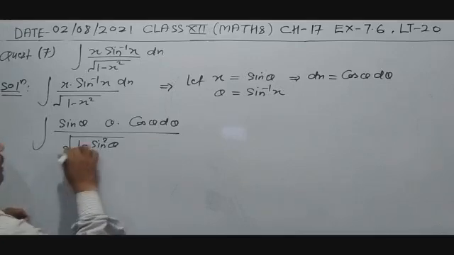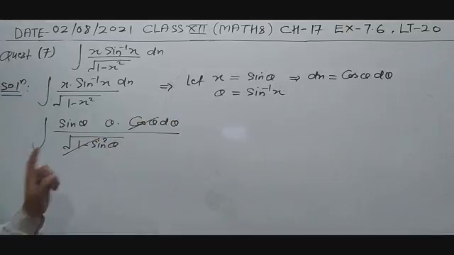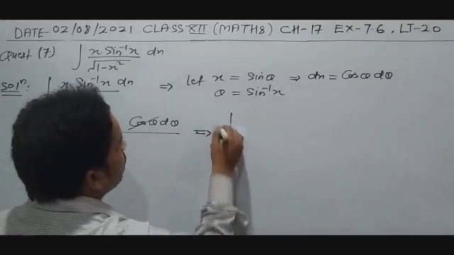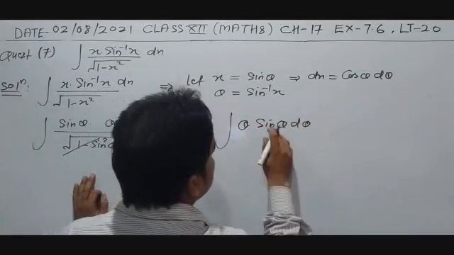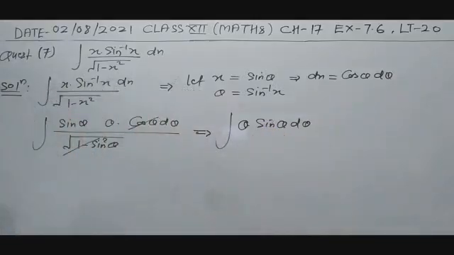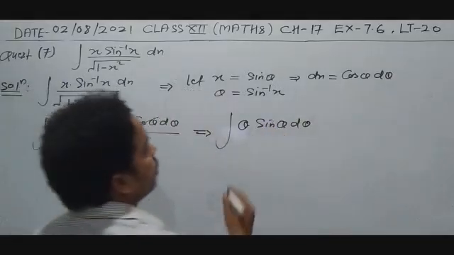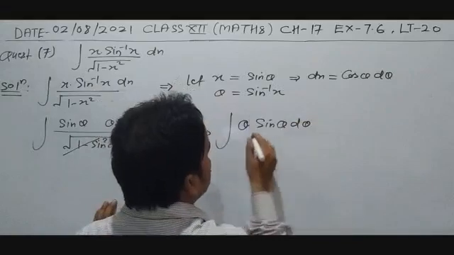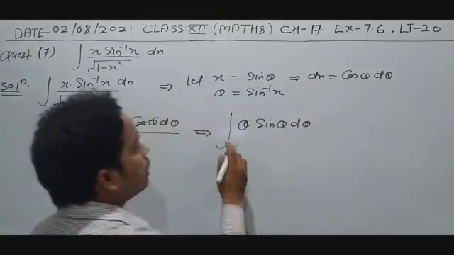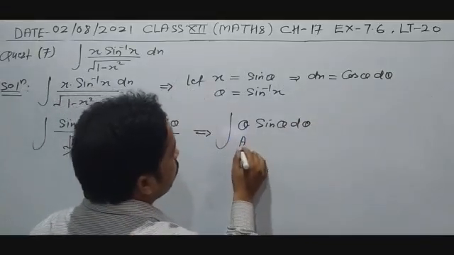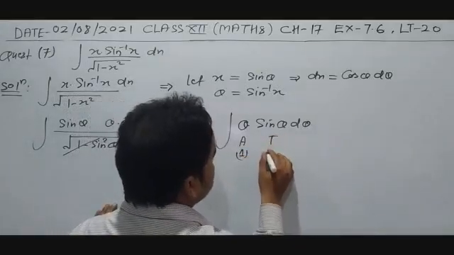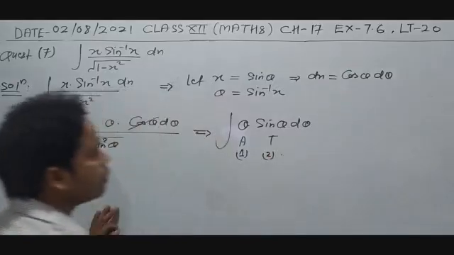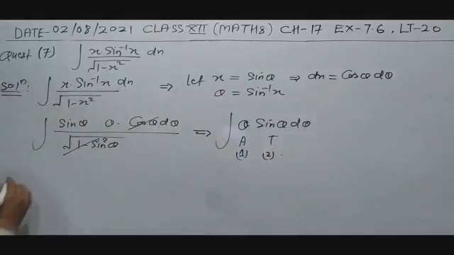So cos theta term will cancel out, and result will be integration over theta times sine theta d theta. And now again you can use integration by part in this function. So theta you will consider this is algebraic, this is first function, and sine theta is trigonometric, so this is second function.